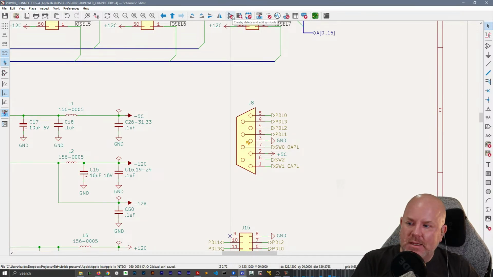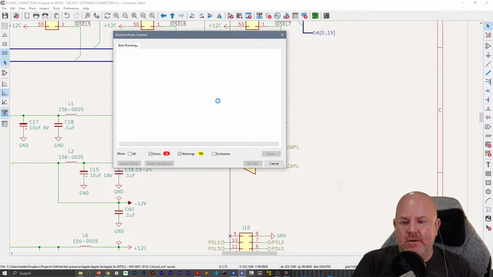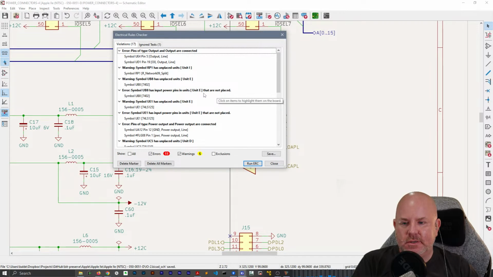I don't know. I can't remember. I do not remember. Okay. Now let's see. We're down to 11 errors and 6 warnings, which is interesting because we didn't... Oh, I did update all symbols, so that might be why some of the errors went down.